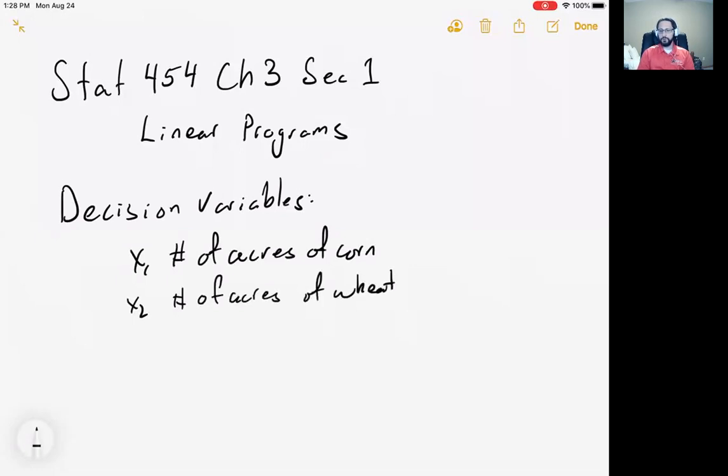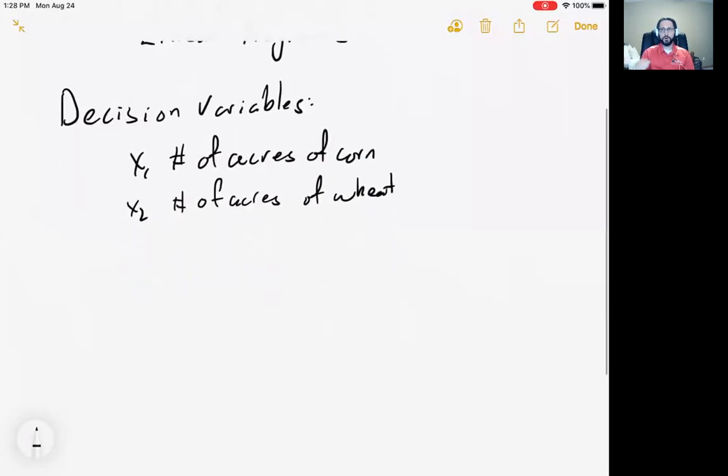With these two pieces of information, we know that we have a goal. Our goal is to maximize a quantity that I am going to call Z, and that Z should depend on the decision variables X1 and X2.